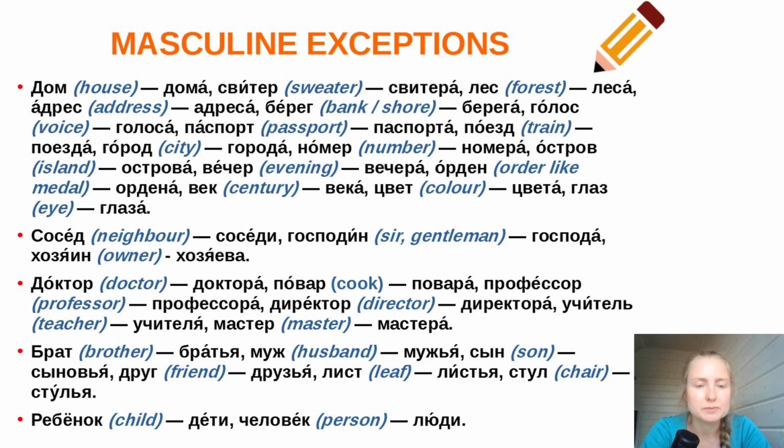The fourth group: брат, братья, муж, мужья, сын, сыновья, друг, друзья, лист, листья, стул, стулья. So here we use a very interesting ending.